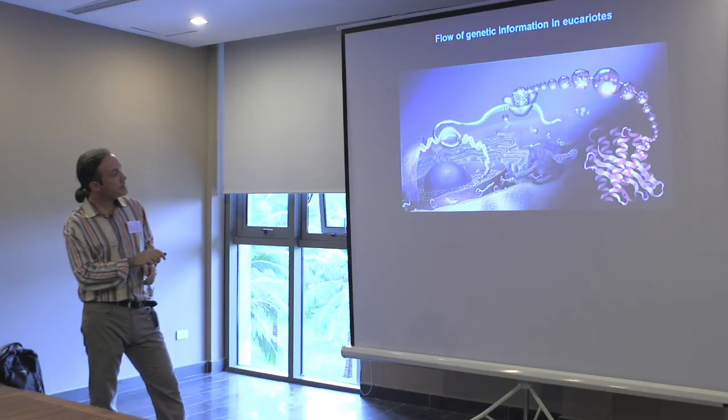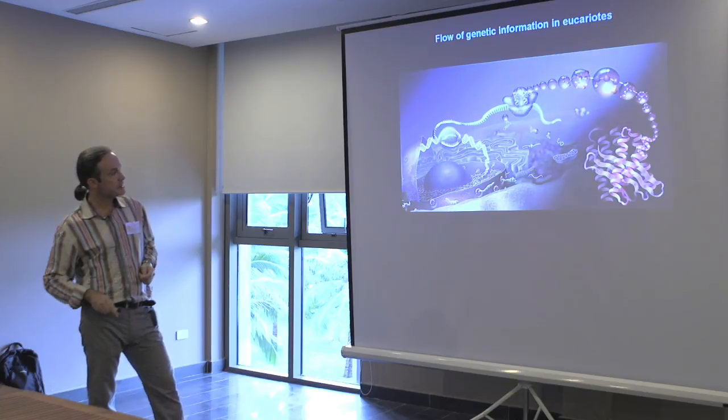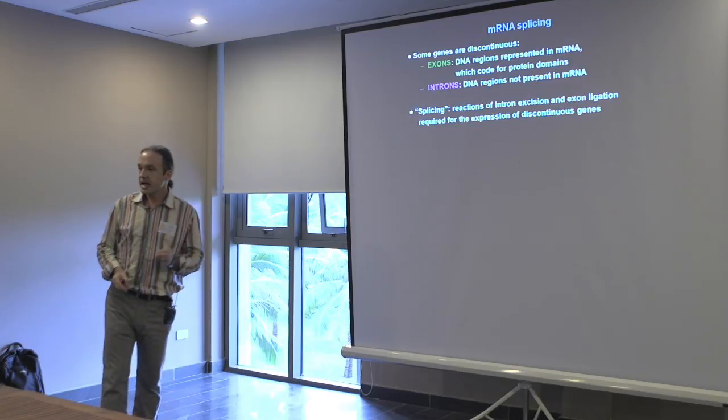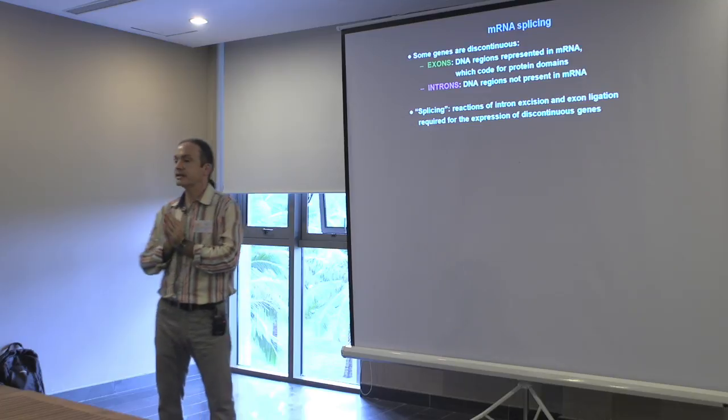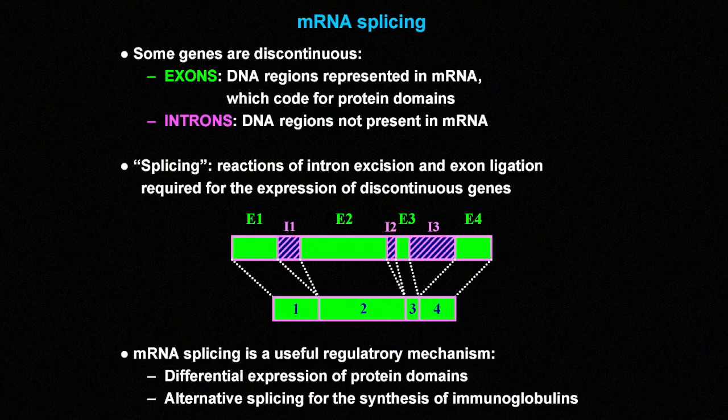The interesting discovery in the decade of the 70s was that some genes have parts that are finally represented in the protein, called exons, and parts that are not represented in the protein, intervening sequences, called introns. And there are a number of reactions called splicing that remove the intron and ligate the exons.